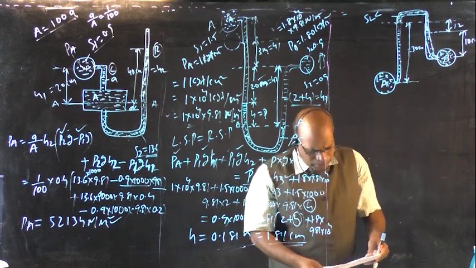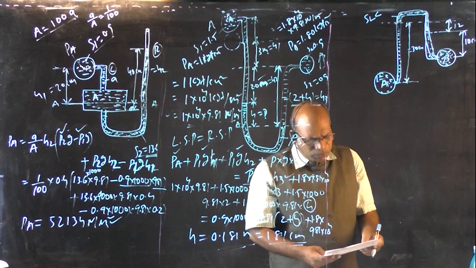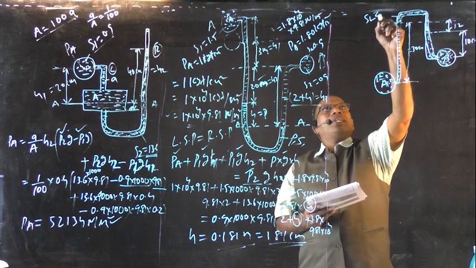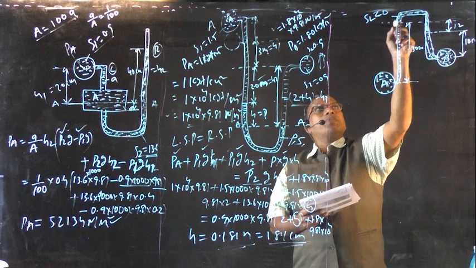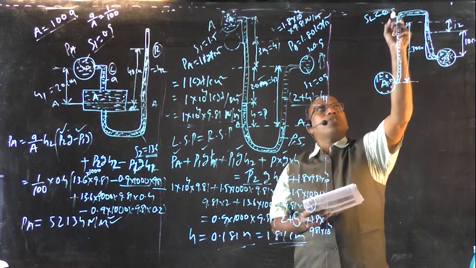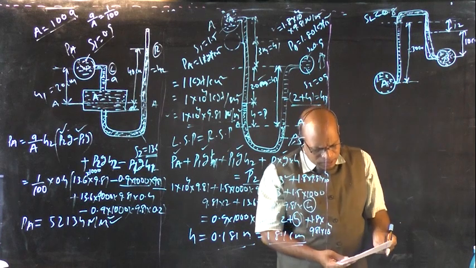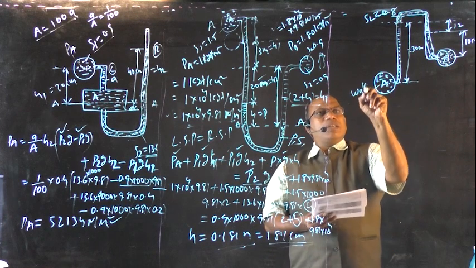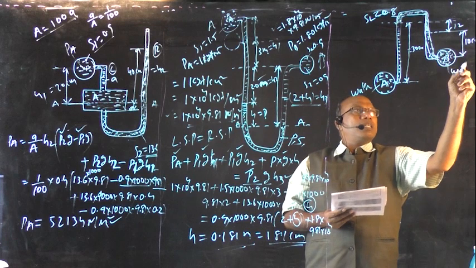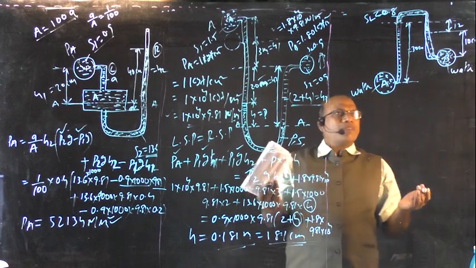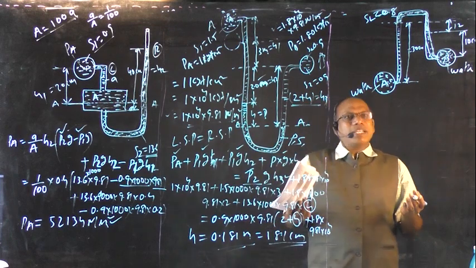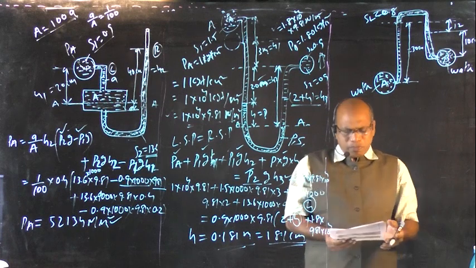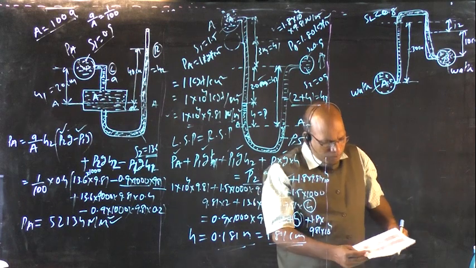This is the given diagram. The specific gravity of the manometer liquid is given, that is equal to 0.8, and this is the water. So this is also water. If it is water, the specific gravity is equal to 1, automatically density is equal to 1000 kg per meter cube. Right, this is the given problem.